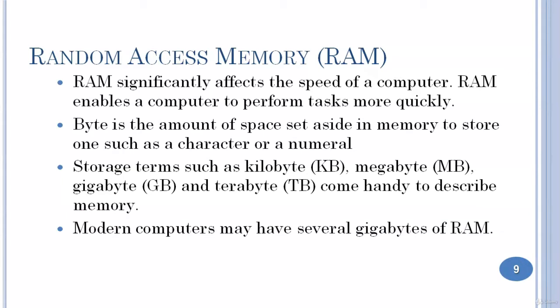RAM significantly affects the speed of a computer and it plays a vital role in processing. RAM enables a computer to perform tasks more quickly. So adding more RAM to your computer makes your computer speedier.